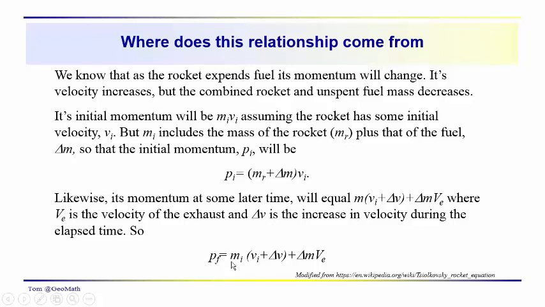So our final momentum is going to be equal to the rocket mass times the initial velocity plus the change in velocity, plus delta m times the velocity of the exhaust. And I do note down here, this is the Tsiolkovsky equation. You'll find a good discussion of this on the Wikipedia page for the rocket equation, and you can go to that for some additional information.